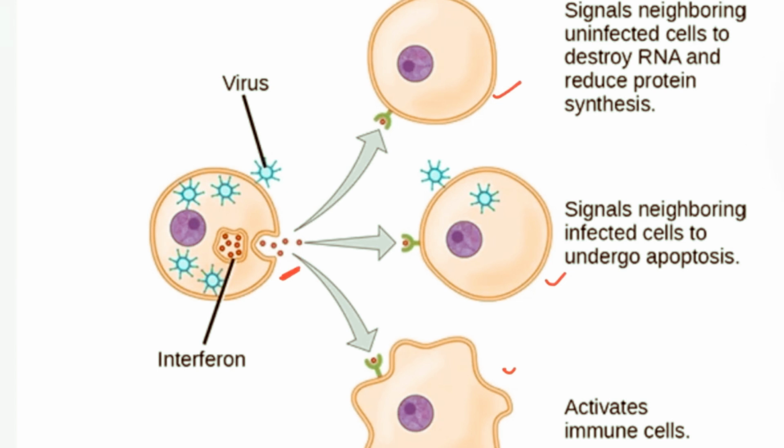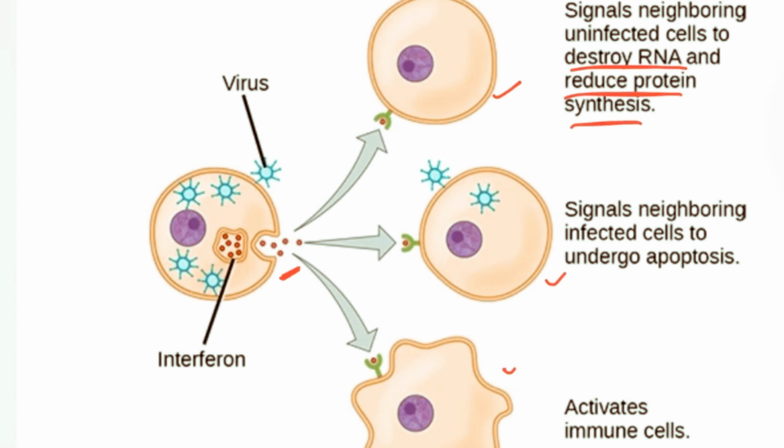So the next time the virus gets into the other cells, it will be unable to carry out viral replication. Why? Because the unaffected cells will be able to destroy the RNA or the nucleic acid of the virus, and also reduce protein synthesis in the neighboring cells.